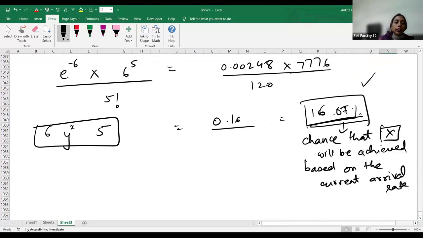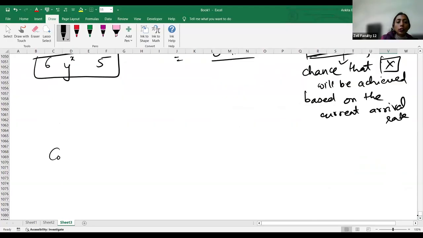Okay, so this is about the Poisson distribution. Now, if I tell you that there is a continuous distribution, and the range of this distribution is, let's say, between 12 and 28.